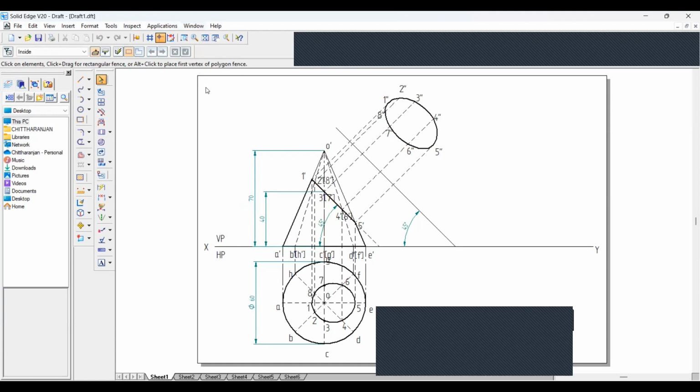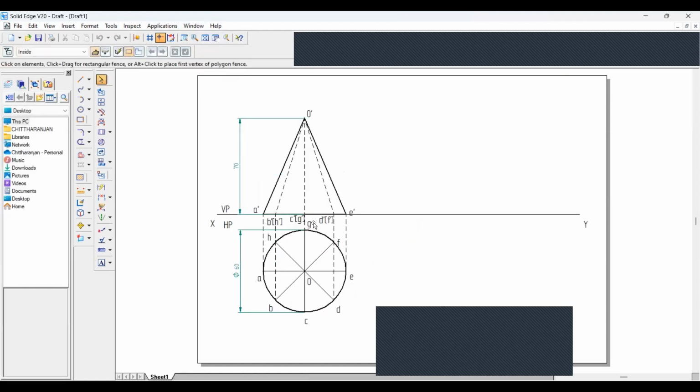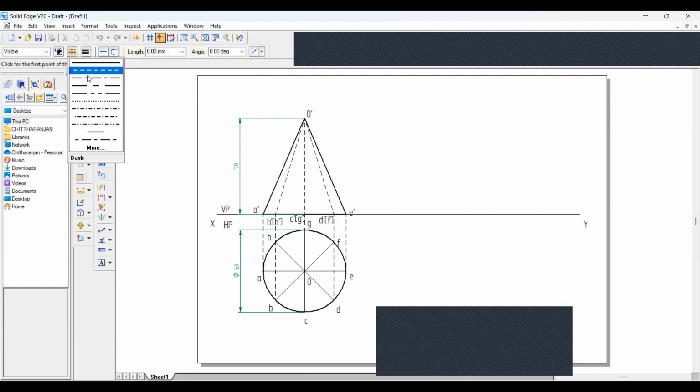So go to the draft. Here, take a line with 0.50 thickness. It won't matter whether continuous or non-continuous. Then select the point, draw a 40 mm line at 90 degrees. Right click.